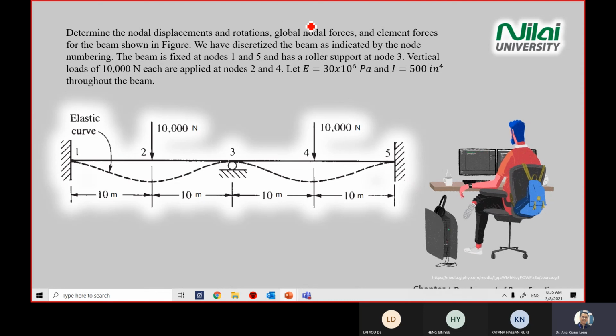Yeah. And then you need to find the global nodal force. Nodal global force means you transfer this diagram into a force diagram. So you later need to find the capital F and the capital K. And then you analyze based on the point numbers 1, 2, 3, 4, 5.